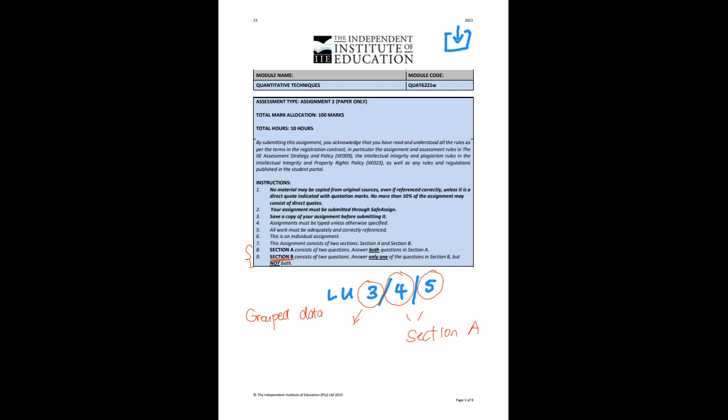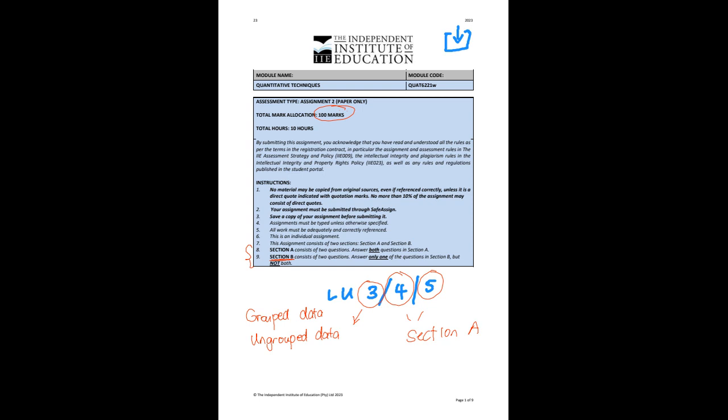If you are more comfortable with your ungrouped data, then you answer only the questions based on that. So you're going to choose between the two of them, not both of them. You'll see that in the mark allocation as well, because your paper does sum up to 100. If you were answering all of it, then it would be 140. So please pay attention to that.